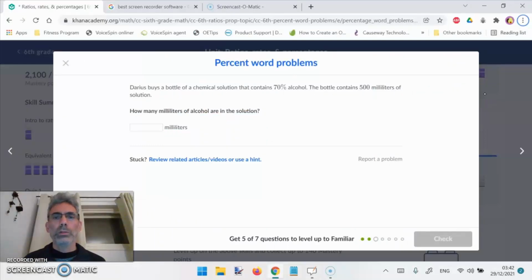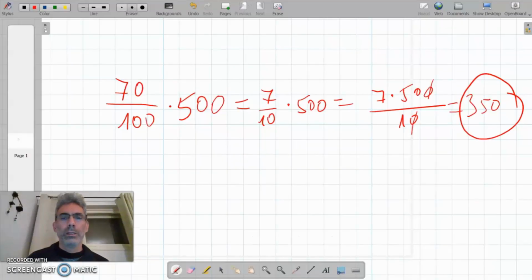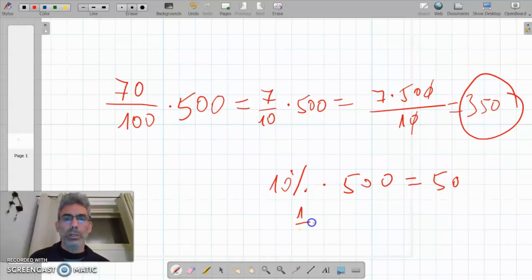Okay. Another way we could tackle this is by saying that 10% of 500 is 50, because 10% is 1/10. Because 10 hundredths equal 1/10, and 1/10 of 500 is 50.